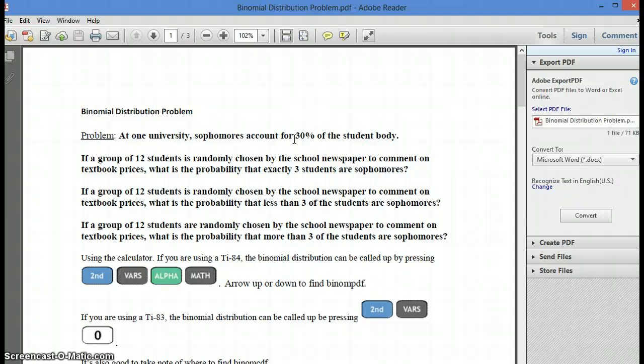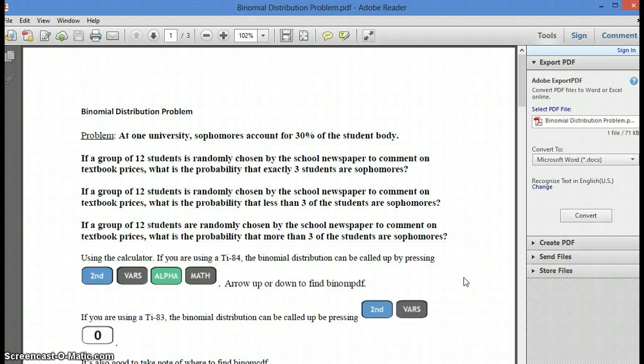That means Q, or 1 minus P, must be 1 minus 0.3, or 0.7. The number of trials is 12. We talked about n being the number of trials, so n will equal 12 in this case. X is the number of successes: we're asking what is the probability that exactly 3 students are sophomores. That's 3 successes in the 12 trials, so X will equal 3.